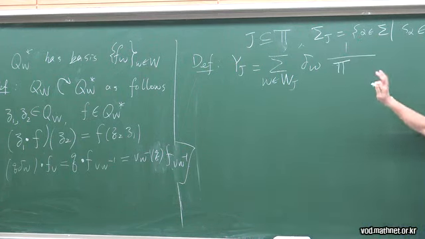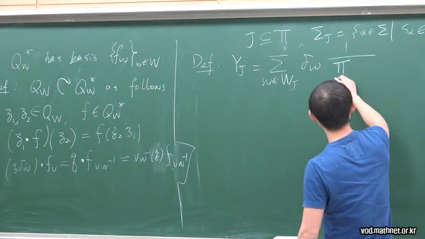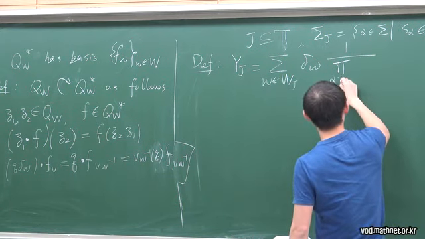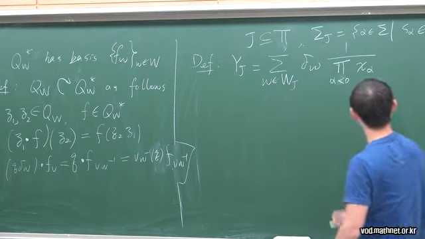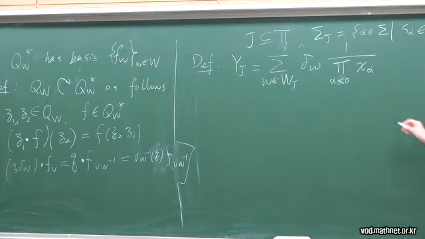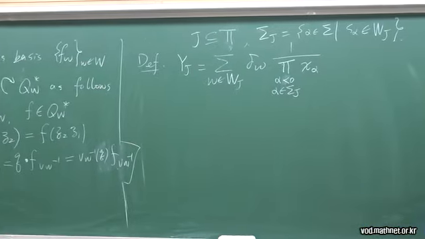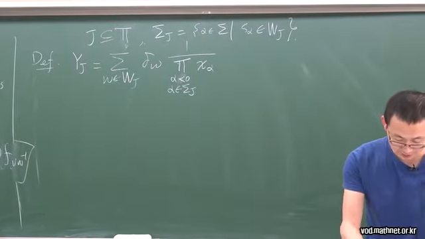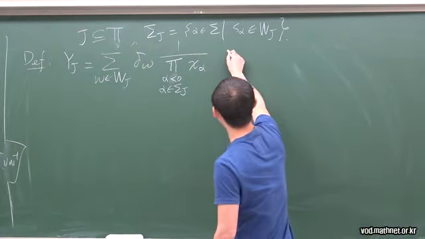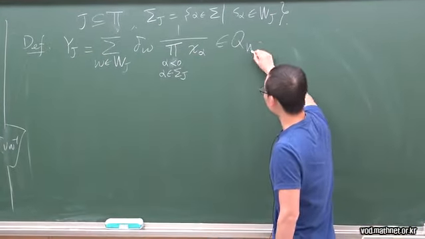And that's how you define this Sigma_J. Of course, you have several other equivalent definitions, and this one works as one of them. So now this denominator should be all the alpha positive, and actually, it should be negative. All the negative roots alpha from Sigma_J. Now, why this is interesting, I will mention this later. And by the definition, y_J belongs to Q_W.